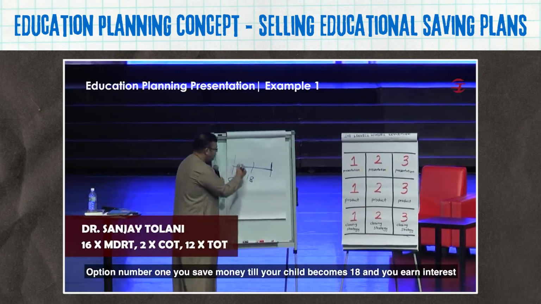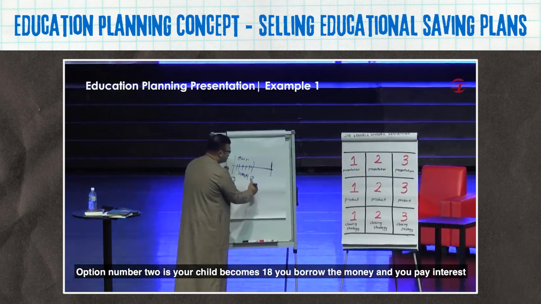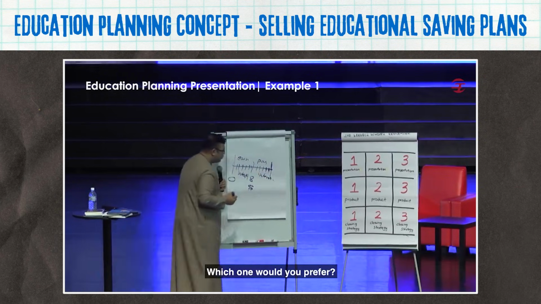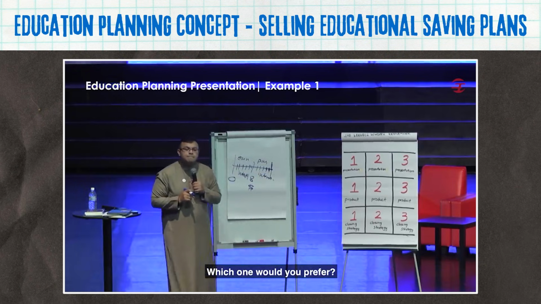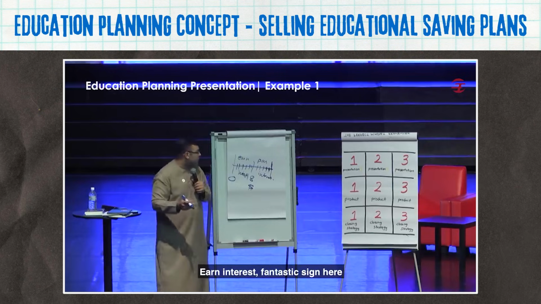Option number 1, you save money till your child becomes 18 and you earn interest. Option number 2 is when your child becomes 18, you borrow the money and then you pay interest. Which one would you prefer? Earn interest. Okay, fantastic. Sign here.